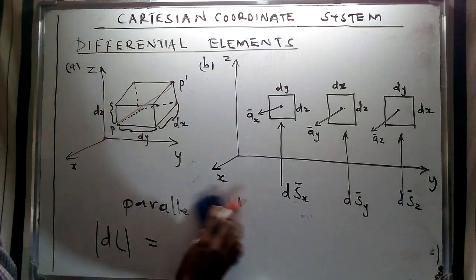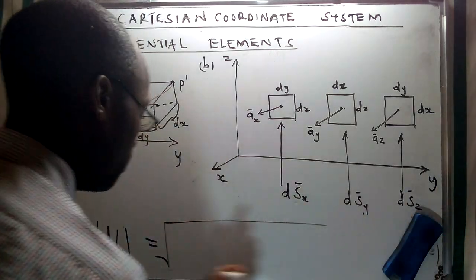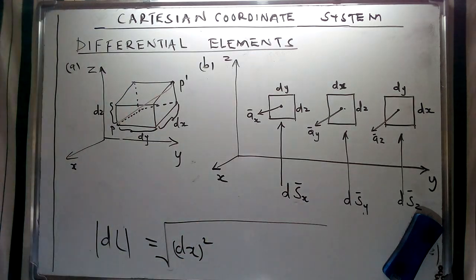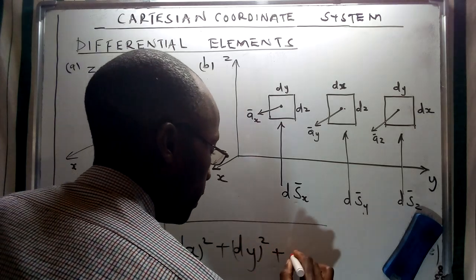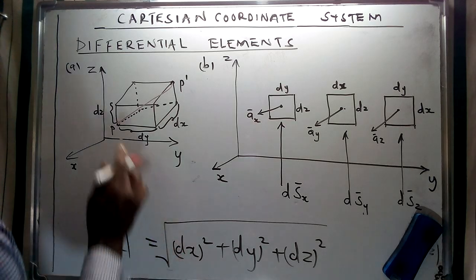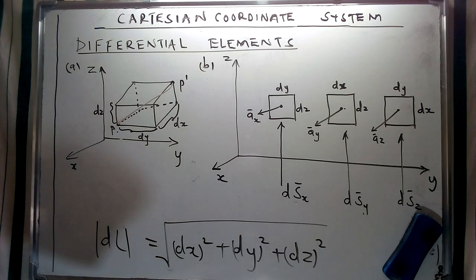For us to find the magnitude of a vector, we can use the general formula: the square root of the square of dx, plus the square of dy, plus the square of dz, given as such. So this is going to be the magnitude of the vector to P prime, given as dl, respectively.